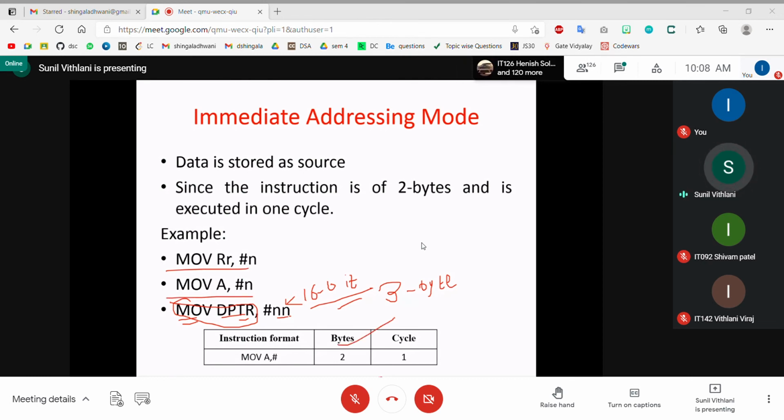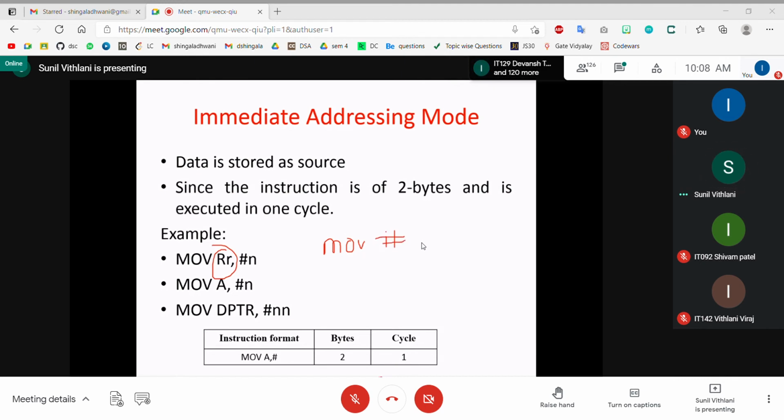So generally in this instruction format, you can write any register here. Can I write an instruction like this? Move 90 comma R5. Can I write like this?